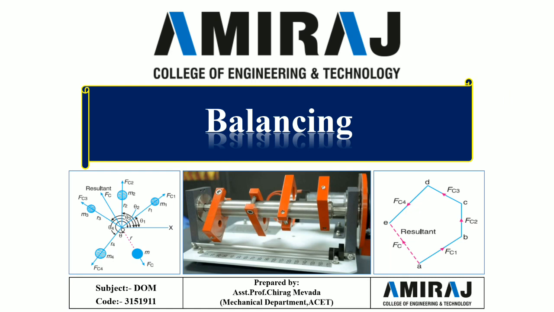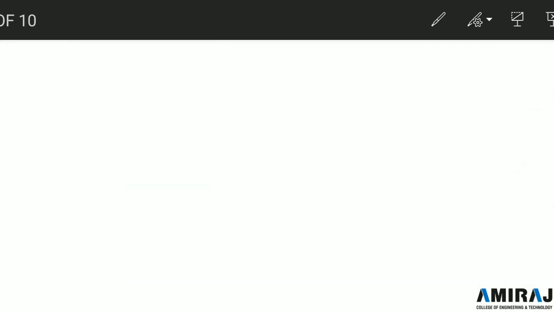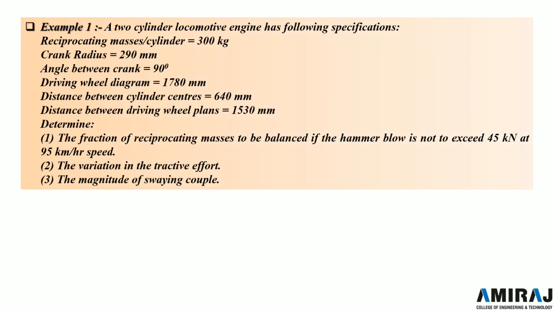Now we will discuss some examples. For that, we will use the formula derived earlier. So first let us see our first example here. A two-cylinder locomotive engine has the following specification: the reciprocating mass per cylinder is given by 300 kg, that is our small m.